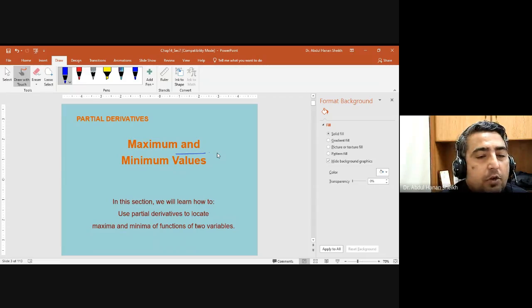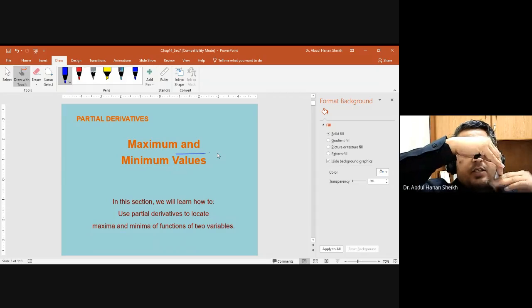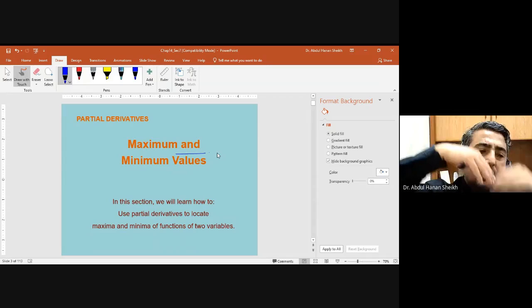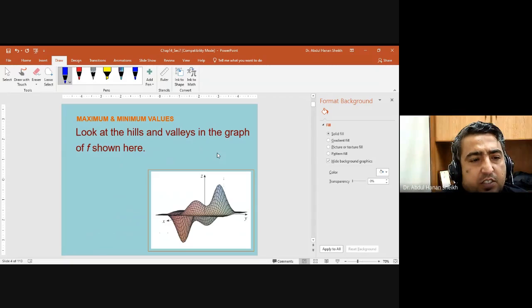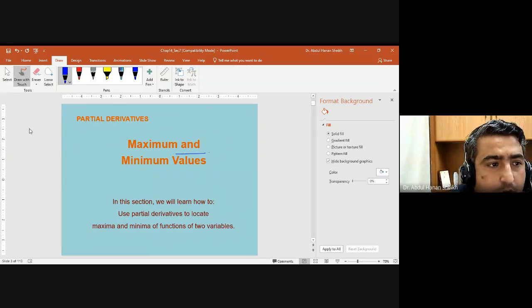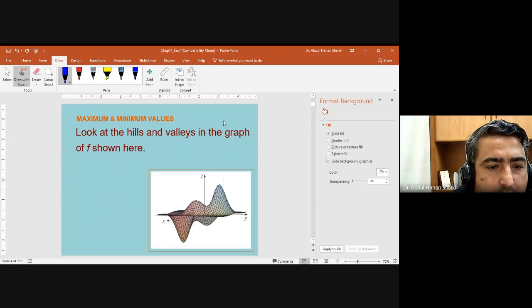In a graphical, geometrical representation, if you look at this function, this is the smallest value, this is the minimum value, and this is the maximum value in the graph, in simple or naive words. Now particularly if you look at this example, it's a graph of f of x comma y, some function which represents hills and valleys.